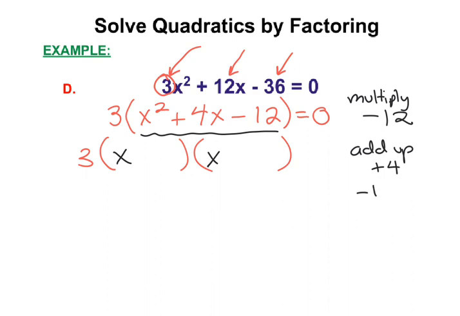So if we look at the factors of negative 12, negative 1 and 12, negative 2 and 6, we could do 2 and negative 6.